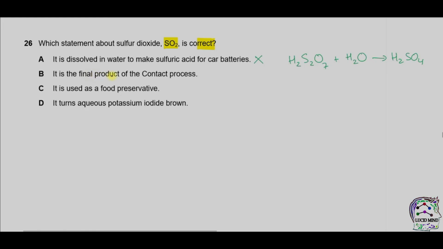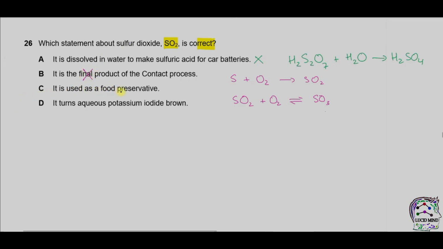Part B. It is the final product of the contact process. Now in the contact process, in the first step, sulfur is converted into sulfur dioxide. Then sulfur dioxide is converted into sulfur trioxide. Then sulfur trioxide is converted into oleum and then sulfuric acid is formed. So this statement is incorrect.